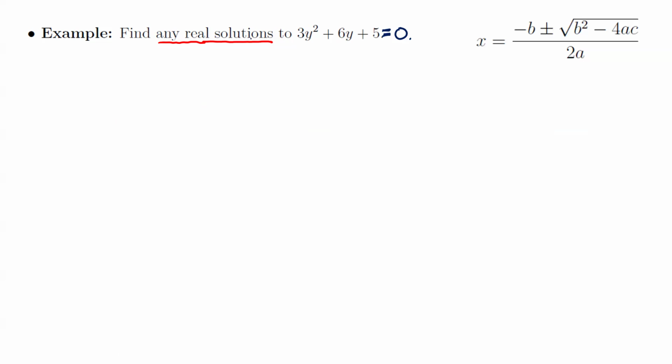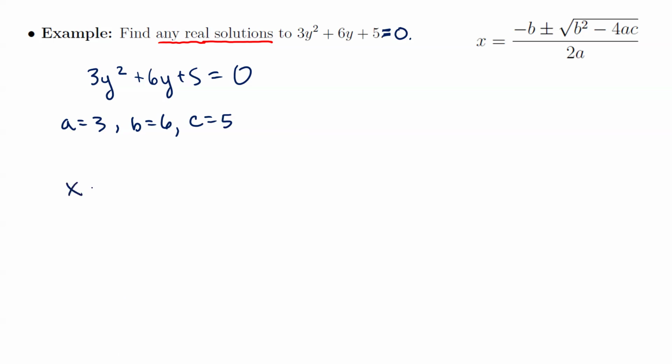So find any real solutions to 3y squared plus 6y plus 5 is equal to 0. I can see that A is 3, B is 6, and C is 5.